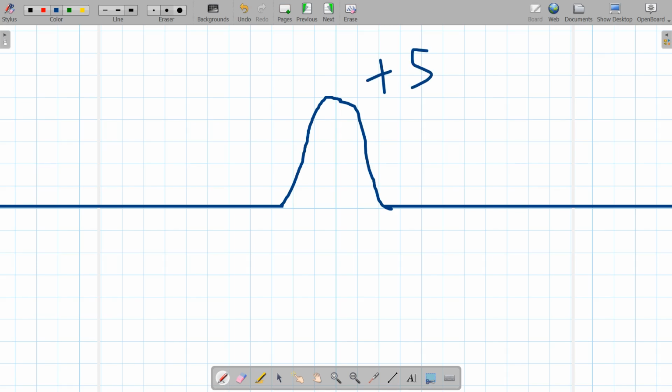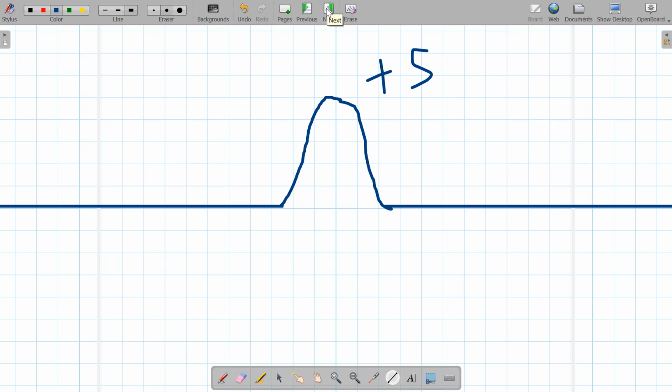This is what is known as constructive interference, because we're adding two positive waves. Anytime you add two waves with the same sign, positive and positive, or negative and negative, that is what is known as constructive interference.